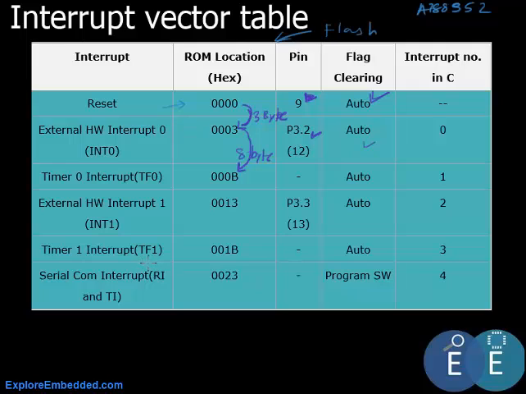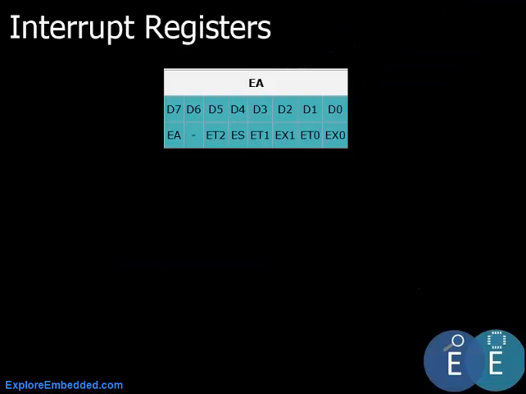This is the internal timer 1 interrupt, whose address is 1B, and since it's internal, there is no pin to it, and this is auto cleared. For the serial communication, the interrupt address is 23, and it needs to be cleared by the user. Now let us look at the registers involved with respect to interrupts.